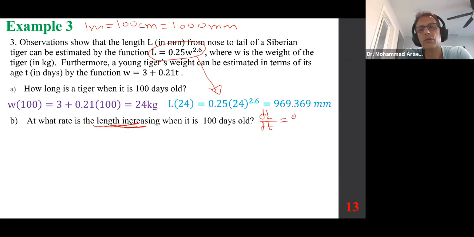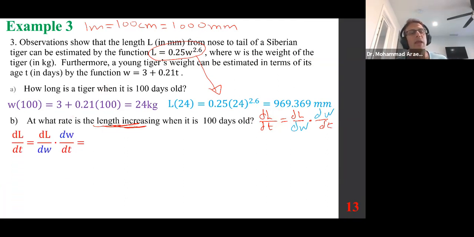So we are going to write dL here and dt here because take a look at the length. Length is not a function of time. So what is it a function of? It's a function of W. So I need dW here. Okay, everybody? That's how you come up with that.